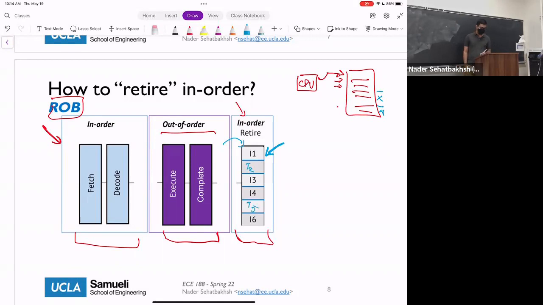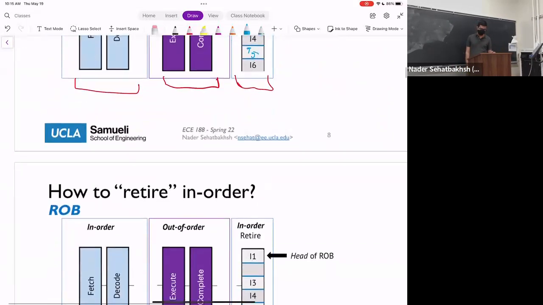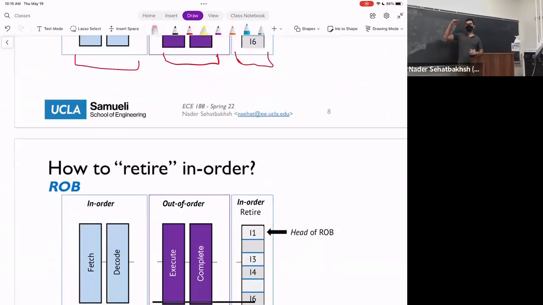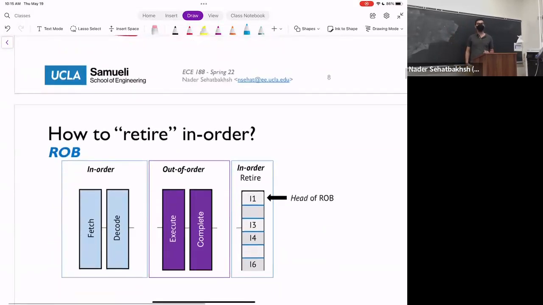Okay. So now let's see what happens. Since I1 and everything above it is finished in this buffer, we usually have an index, an indicator, that shows what the last instruction that has been retired is. We usually call it the head of the ROB, or it's like a stack pointer in some sense.